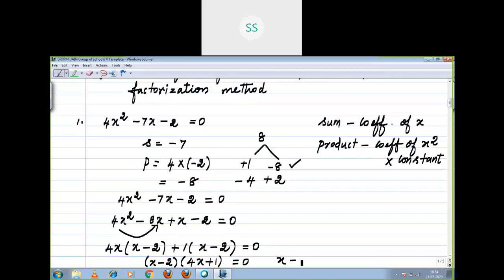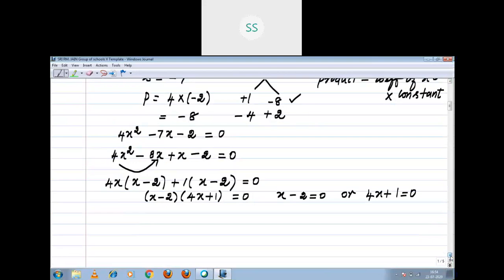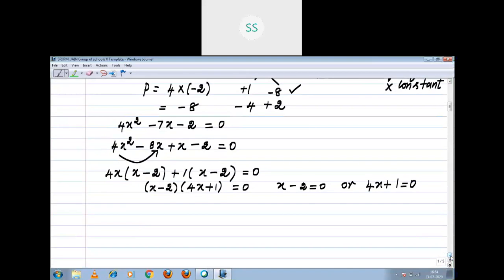Now, x minus 2 equal to 0 or 4x plus 1 equal to 0, right? Which implies x is equal to 2, x is equal to minus 1 by 4. I hope you people understood.